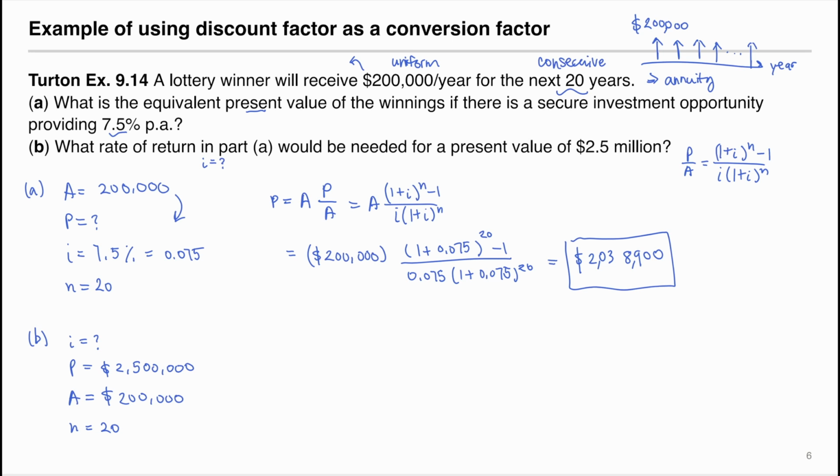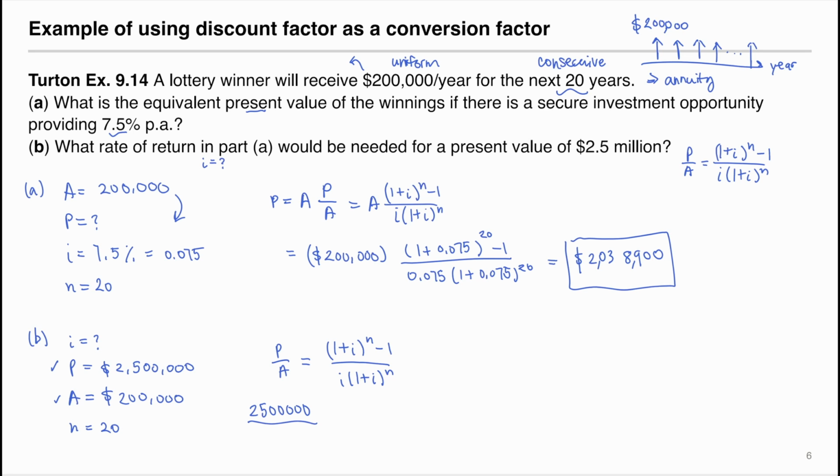And this time, we both know P and we know A, so we can either use P over A or A over P. It doesn't matter because it's known. And since we already have the expression for P over A here, let's just use that. (1 plus I)^n minus 1, divided by I times (1 plus I)^n. And then we substitute things in.